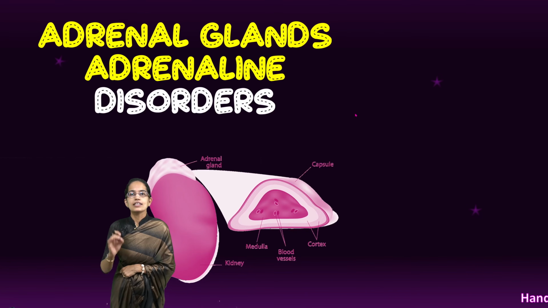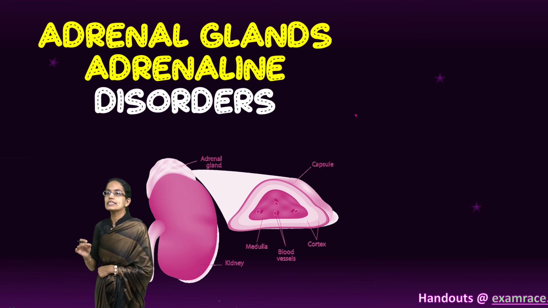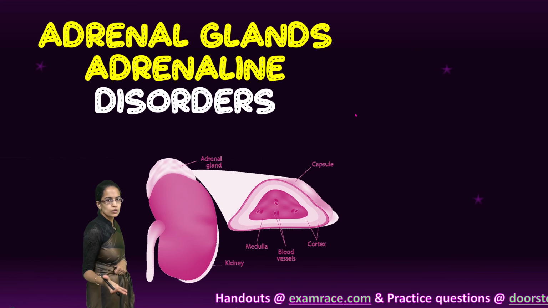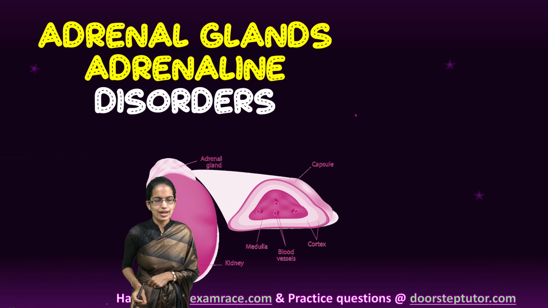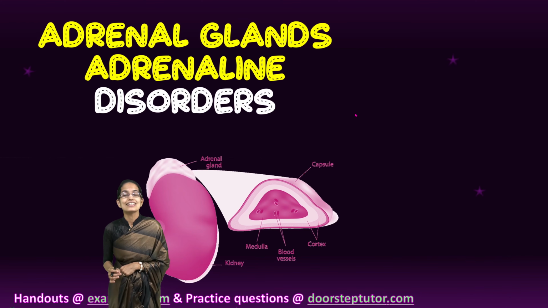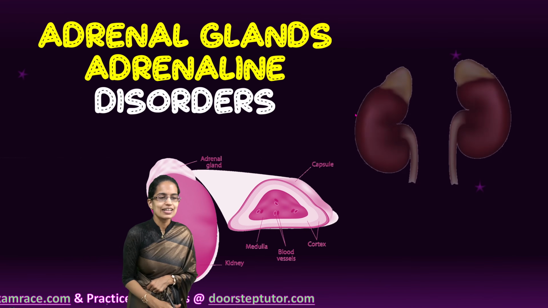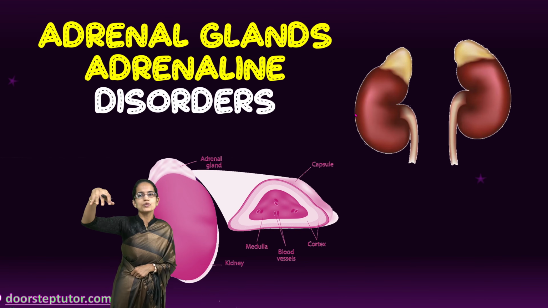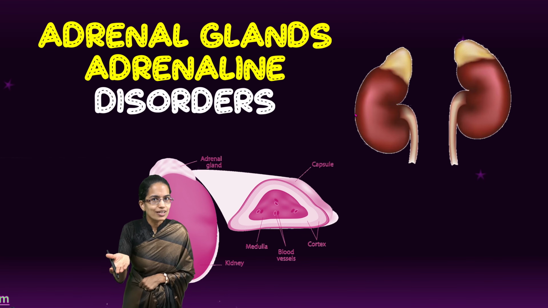Adrenal glands are other important glands which release adrenaline, noradrenaline, and then glucocorticoids, mineralocorticoids and so on. We will understand that in a while. But first of all, let's understand a little about the adrenal glands. Where are they located? They are small caps on the top of what? Kidneys.